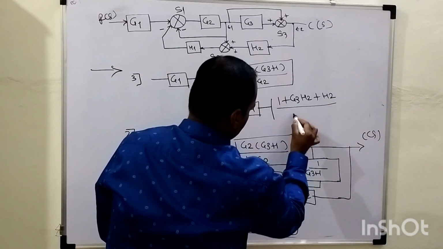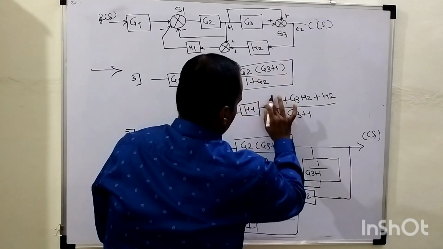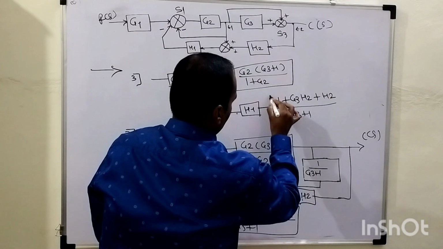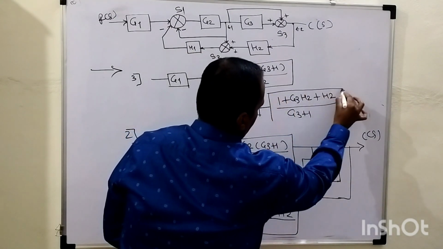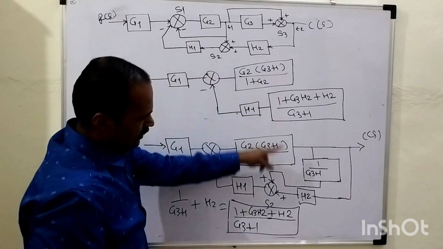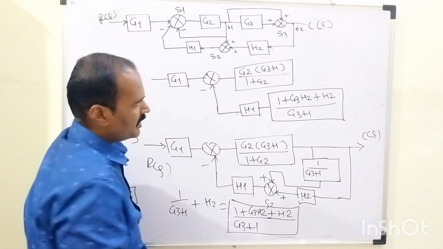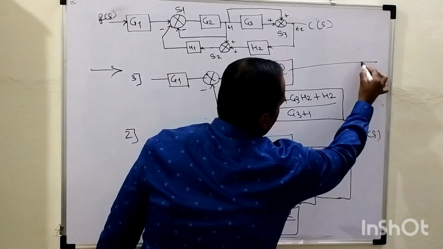Its denominator is G3 plus 1. So this is how this block will look once these two signals are added with each other. So this summing point is eliminated, remaining things as they are.